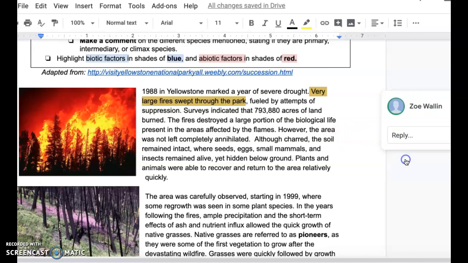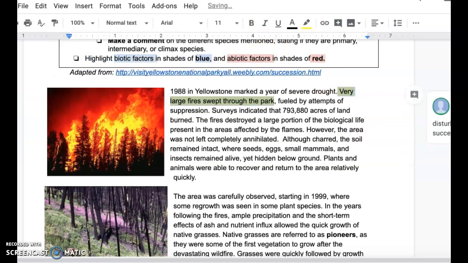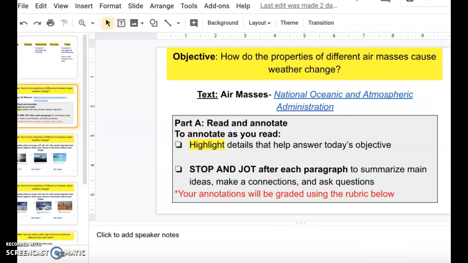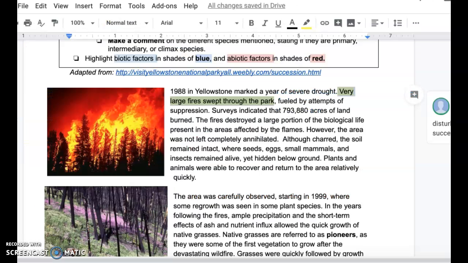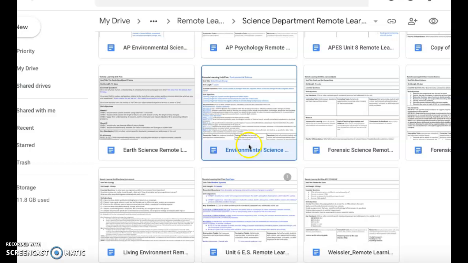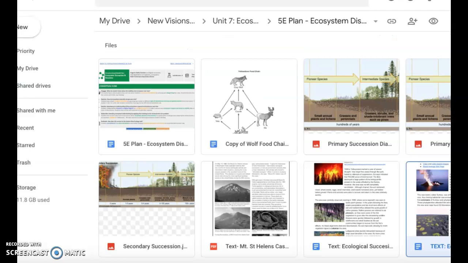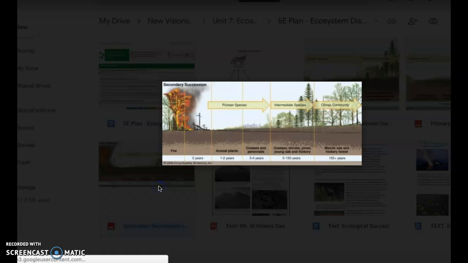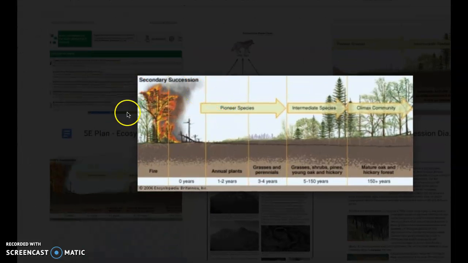Because I remember from the PowerPoint this week that secondary succession started from dramatic events like forest fires, right?